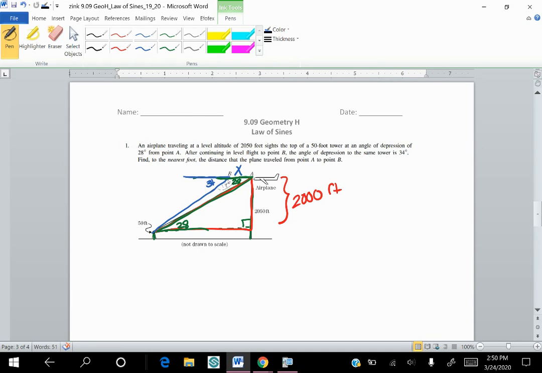And here I could do, I know this is 90 plus 28, subtract that from 180, or I know that these two here are making a right angle, so do 90 minus 28 is going to give me 62 degrees in there.